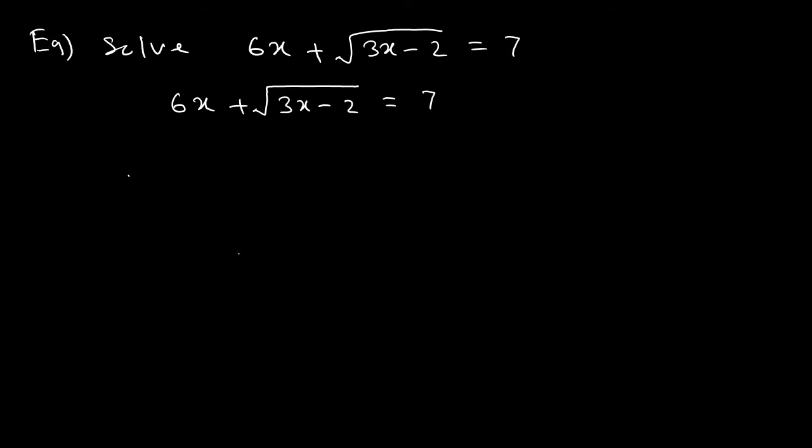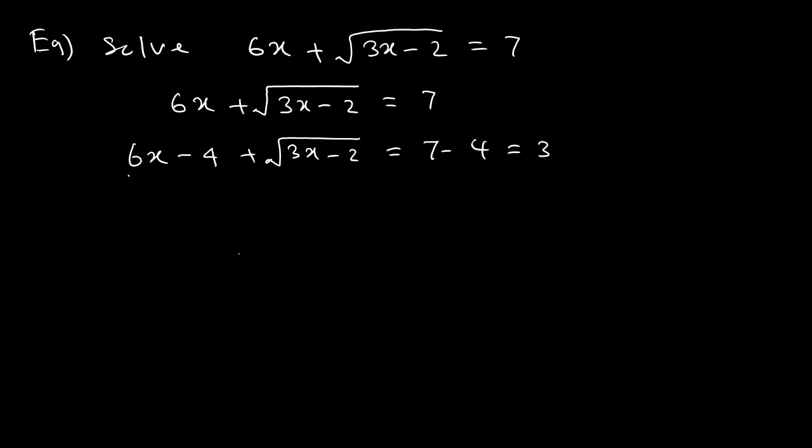So we're going to subtract 4. If you subtract 4, you can rewrite this as 6x minus 4 plus the square root of 3x minus 2 equals 7 minus 4, which is equal to 3.